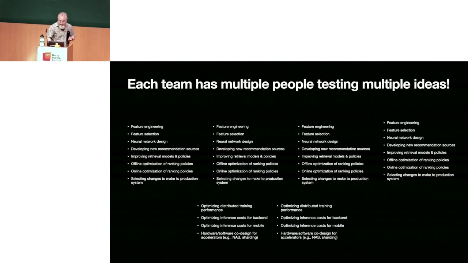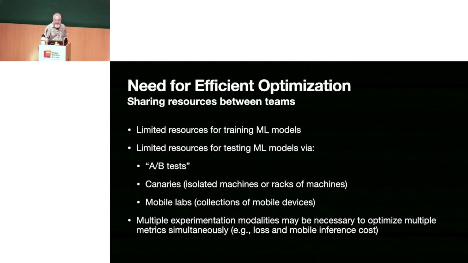And again, for each of these tasks, there are many, many people. There might be dozens of people, even on a single team, that are performing these tasks in parallel. And so this causes a lot of challenges and a need for efficient optimization, because we have limited resources for ML training.